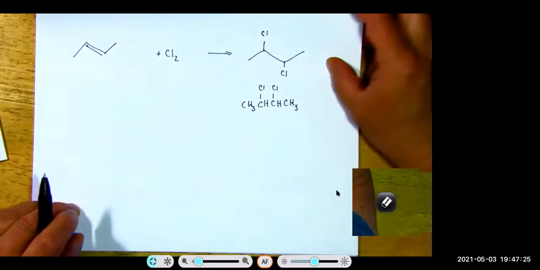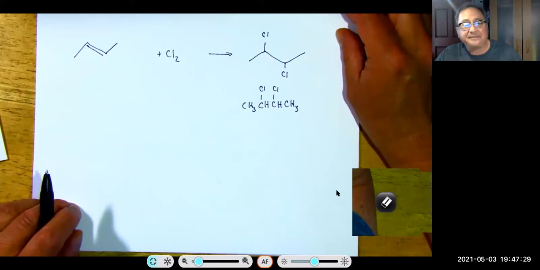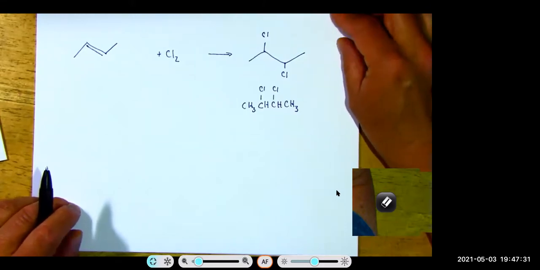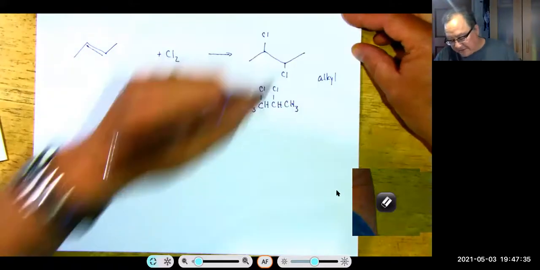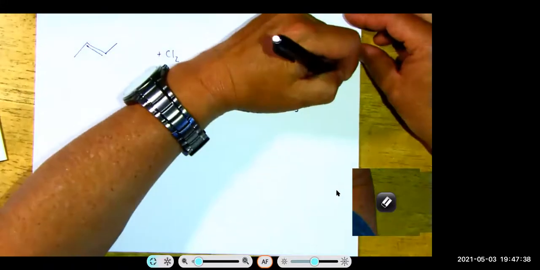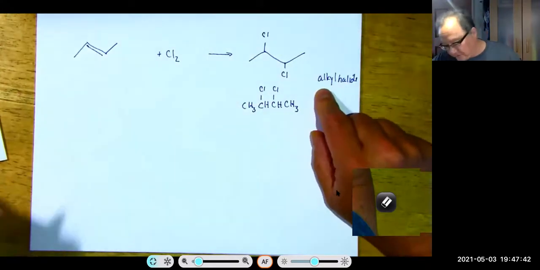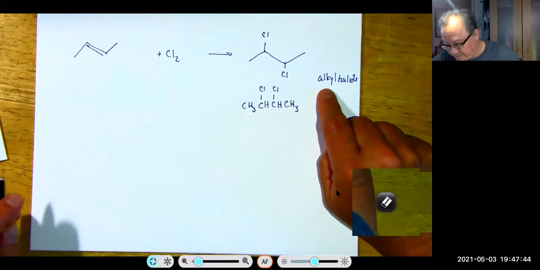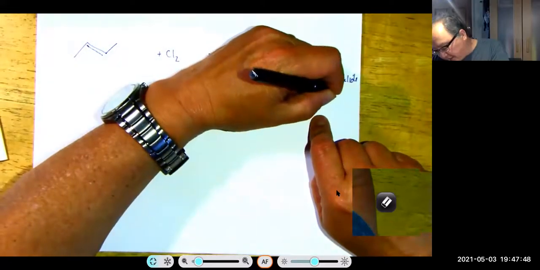Right. Or the alkyl halide. Or an alkyl halide, that's right. Alkyl. Is it alkyl or alco? Alkyl. With a Y? Yeah. Or haloalkane, which is much easier to say.